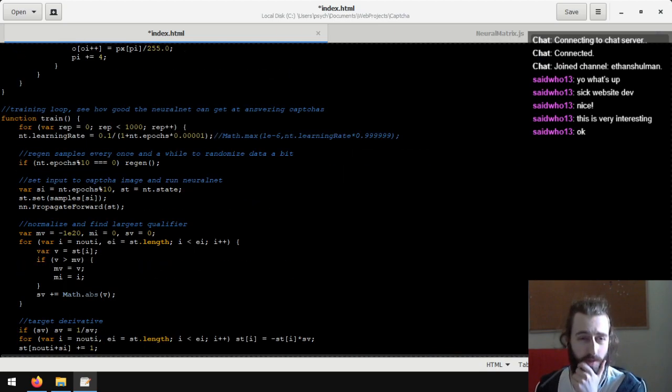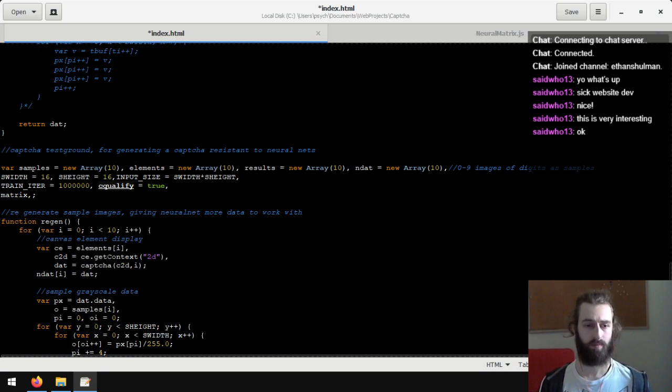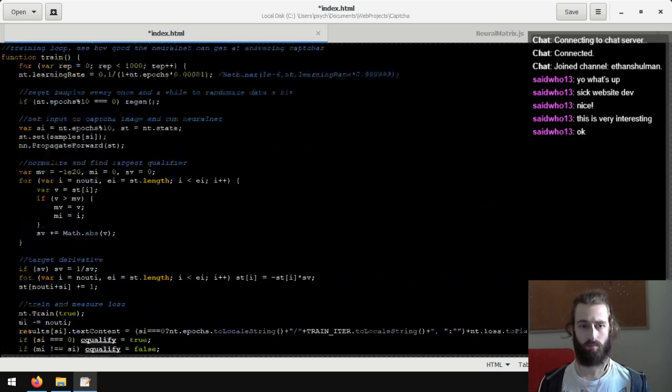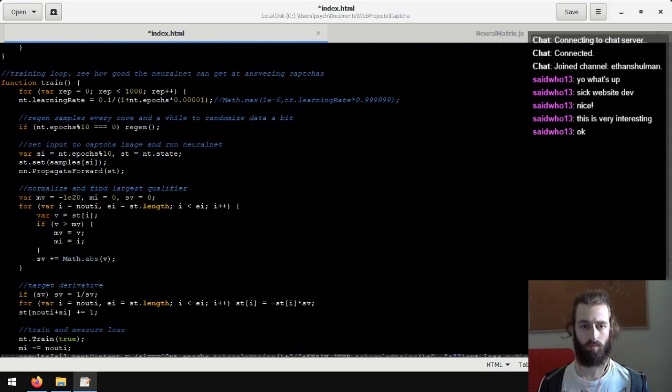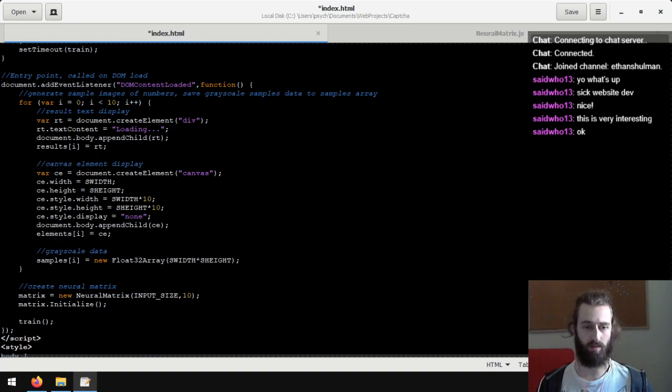And then I'm going to need to create input and output buffers. I just realized I don't think there's any reason I need to initialize these here.